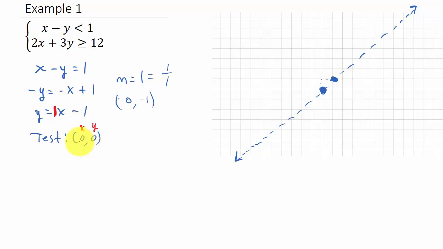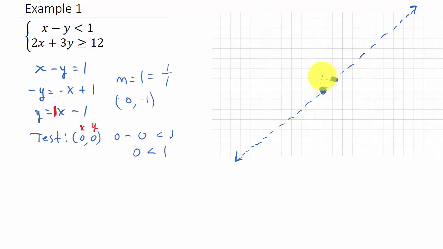I'm going to plug it into this first one because that's the one I'm graphing. So that's 0 minus 0 is less than 1, so 0 is less than 1, and that is a true statement.